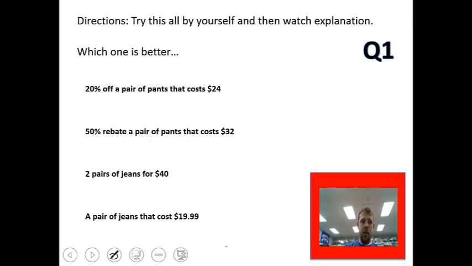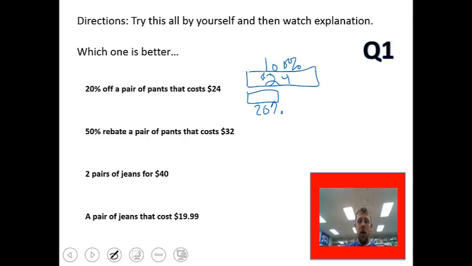Okay, let me try now. We want to know which deal is better. 20% off a pair of pants that cost $24. So we know that our 100% is $24. It is discounted at 20% off. In my calculator, I'm going to press 24 times 0.20, and I get $4.80.